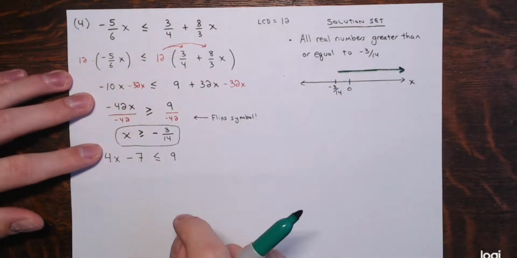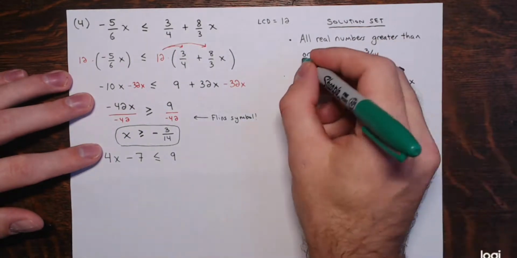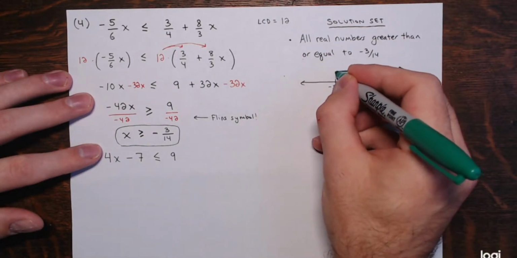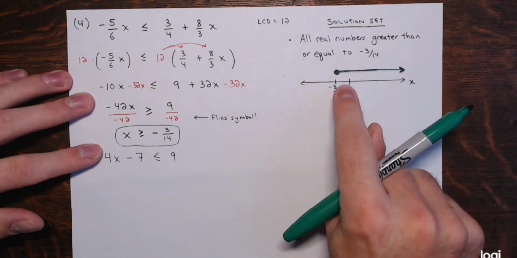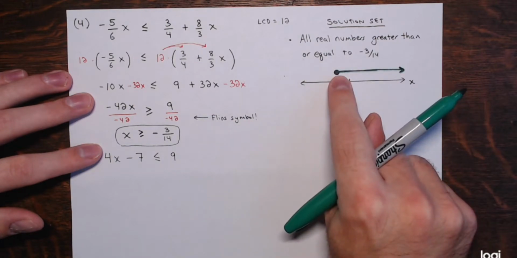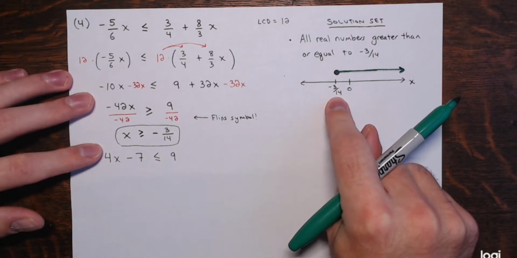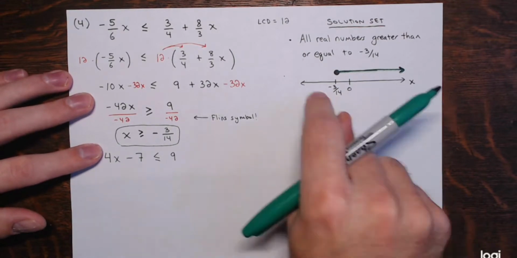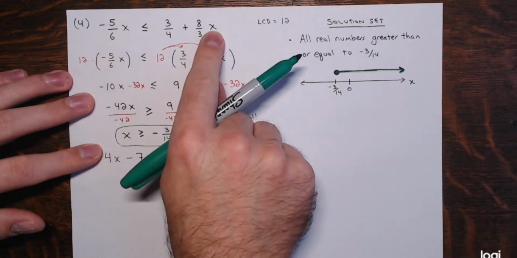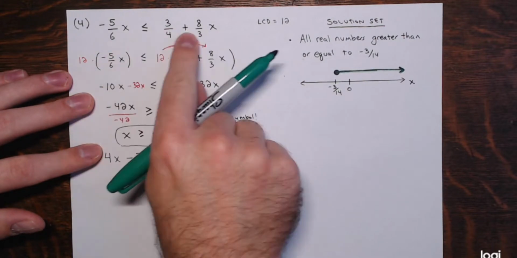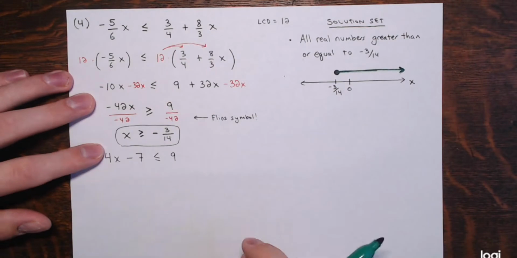But then we also have or equal to negative 3/14. Right? So again, a filled in dot, a closed solid dot above negative 3/14. It is included. And you can check that. Plug in negative 3/14 for x, and you'll see that this original inequality will be a true statement.